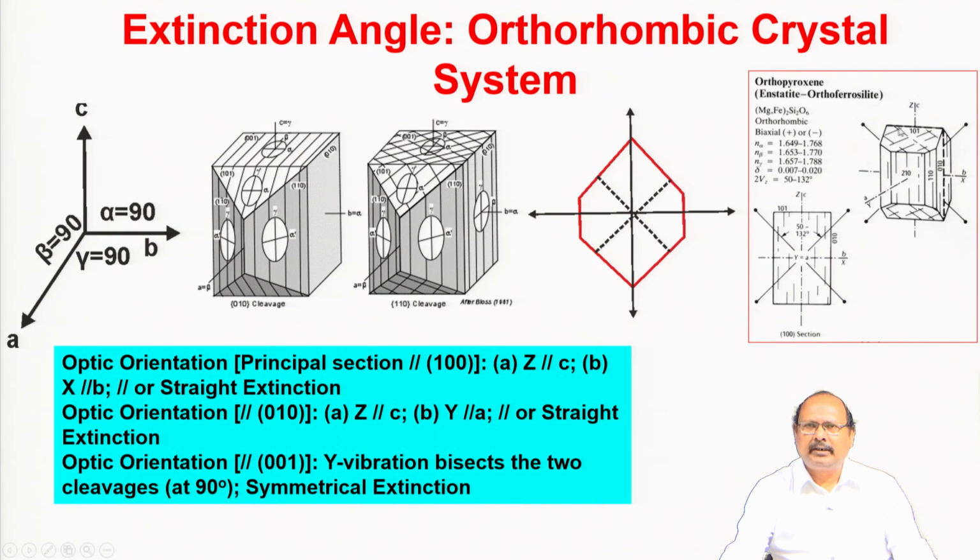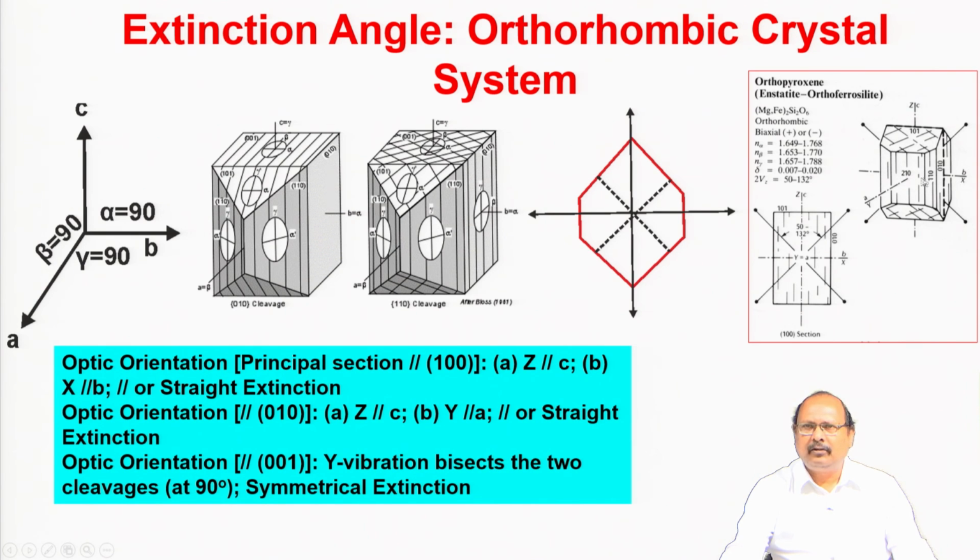And in this orthorhombic crystal system, the optic axial plane, or say for example, the principal section of the indicatrix, is this particular plane here, which is parallel to the 100 plane. In this plane you have z and you have x.